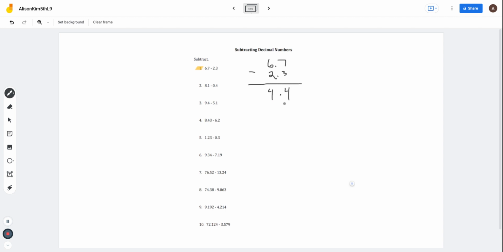So when we look at the numbers up here and the difference, we see that there's only one number behind the decimal at all times. So the answer to number 1 will be 4.4.